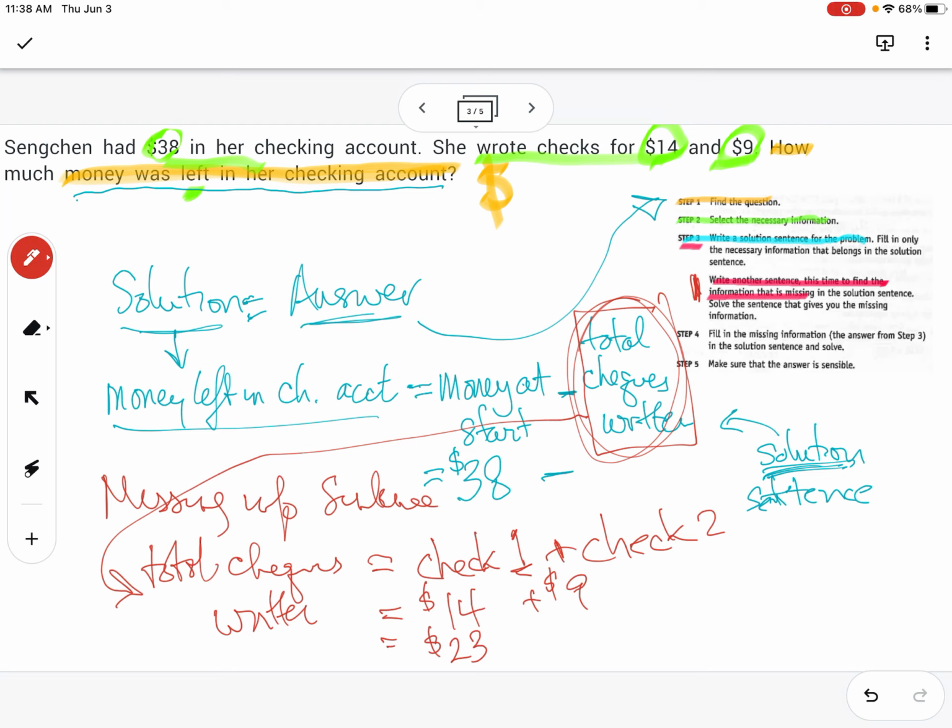So I started with my solution sentence, and I said my solution that I'm looking for is the money left in the account. I made a sentence to say, how can I find that? And I found out that when I wrote my sentence, one of those things I knew, that was the $38. The other thing I did not know yet. So then I said, well, that's missing right now, but I can find it.